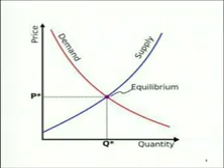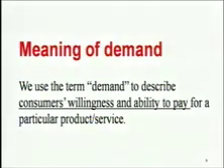Unless there is consumer willingness, that means you like to buy, that is called willingness, and ability to buy, that unless you have money, there won't be any effective demand. So these two terms in demand, consumer willingness and ability to pay, are very important. These two terms should go together. Unless that, there won't be any demand for particular goods and services.